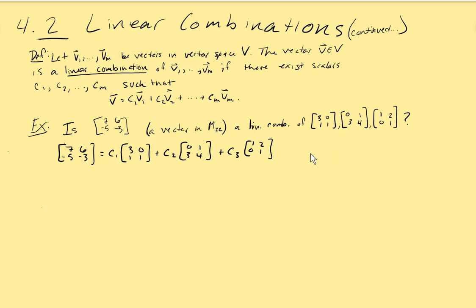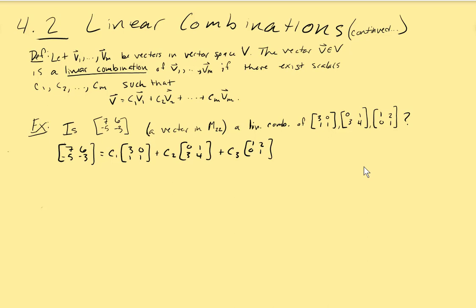And again, all we're going to do is say we have a matrix on the left, we have a sum of matrices on the right, which is still just a matrix. So in order to figure out what scalar equations this unpacks into, we're just going to equate the corresponding components on the left equal to the sum of the corresponding components on the right.